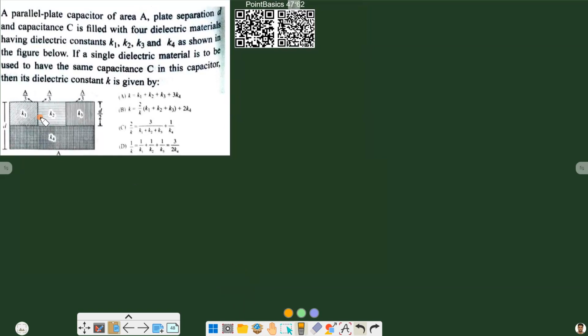Now if you can see, this is the plate separation D, and we have connections something like this, because the plate area and plate separation are mentioned here. This is a capacitor with dielectric material K1 having area A by 3 and thickness D by 2. Same for K2 and K3.